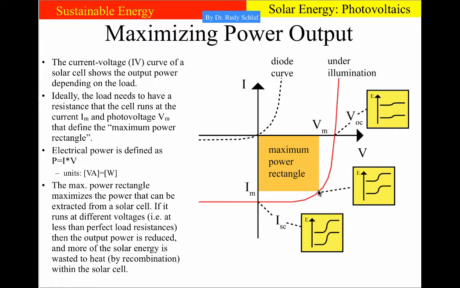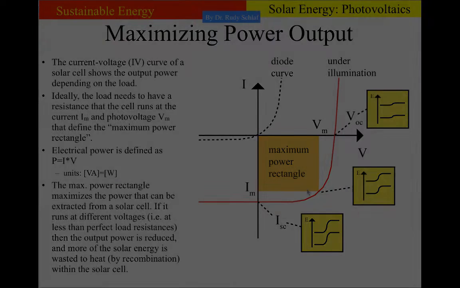That means that we have to design our load in a way that it draws exactly this current at that particular voltage. So the bottom line here is, whenever you use solar cells, you need to match the load and the solar cell so that you are as close as possible to this maximum power rectangle.